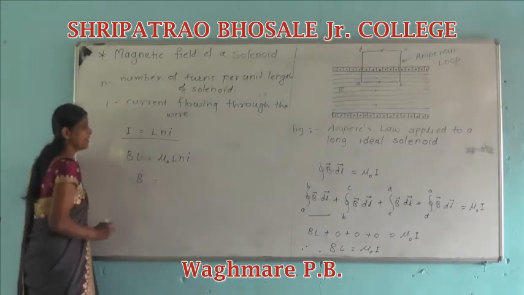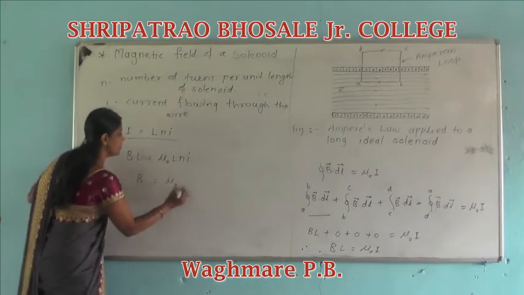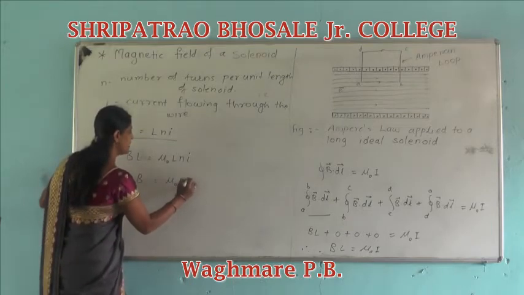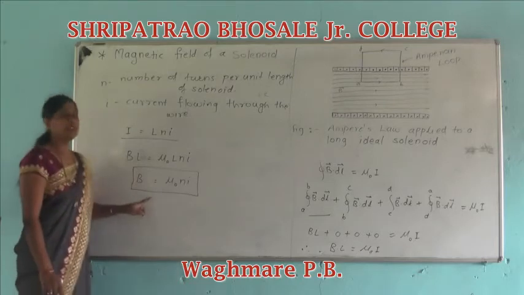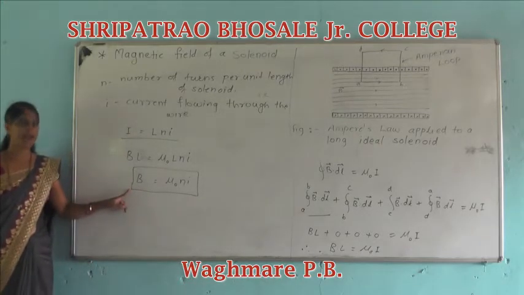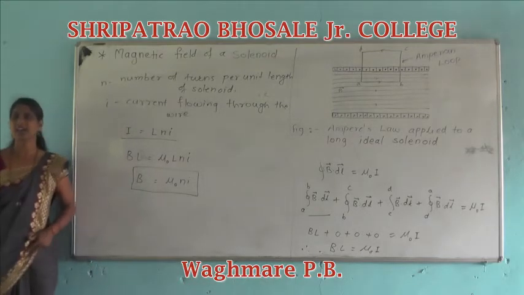Therefore, the magnetic field will be equal to mu naught n I. This is the formula of magnetic field inside the solenoid.